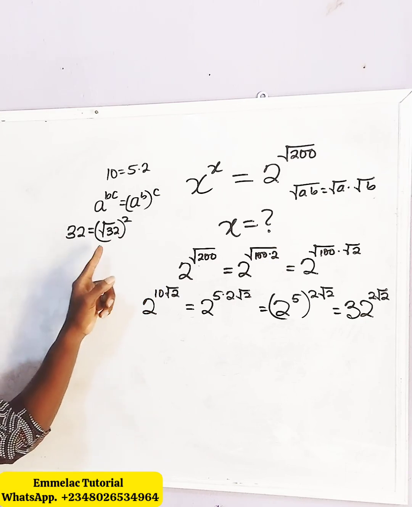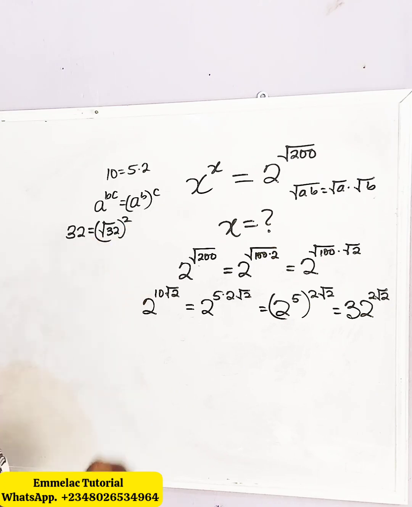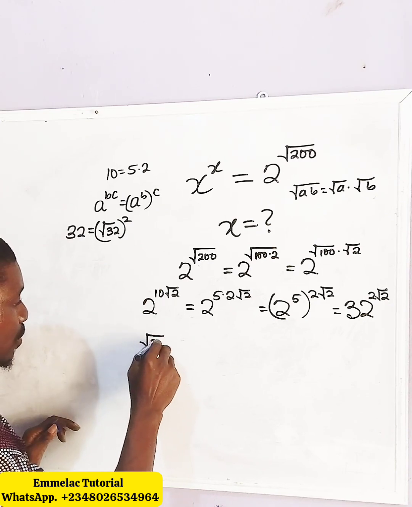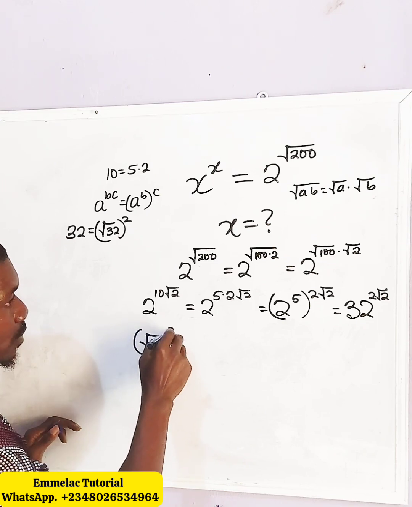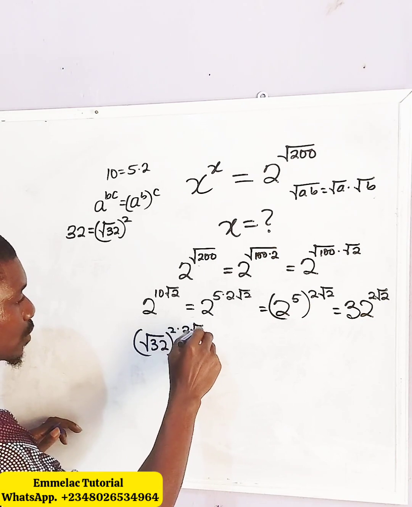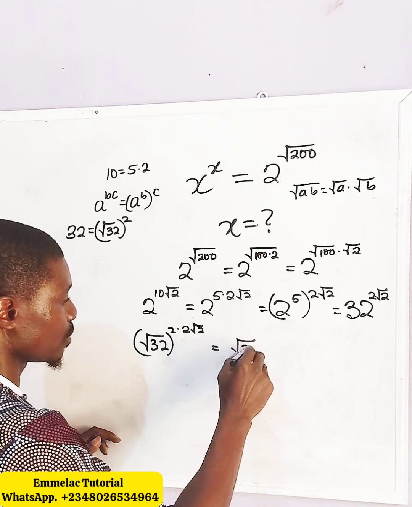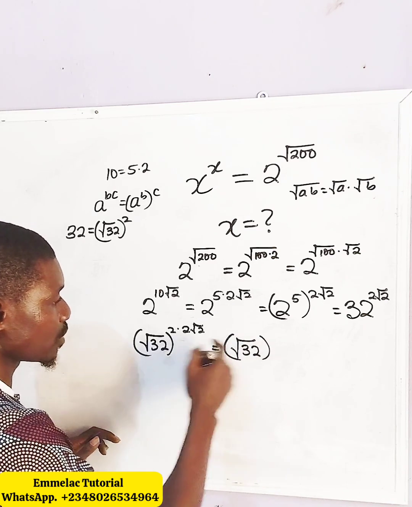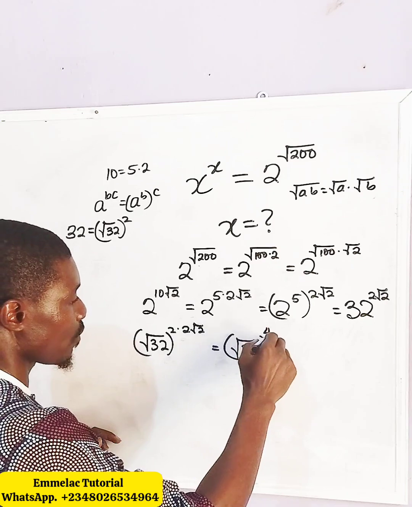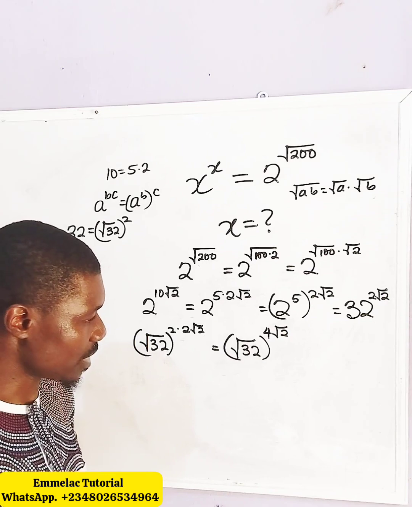So let us replace 32 with the square of the square root of 32. So here we have the square root of 32 raised to the power of 2, then times 2 root 2, which will actually give us the square root of 32 raised to the power of 2 times 2 root 2, which is 4 root 2.